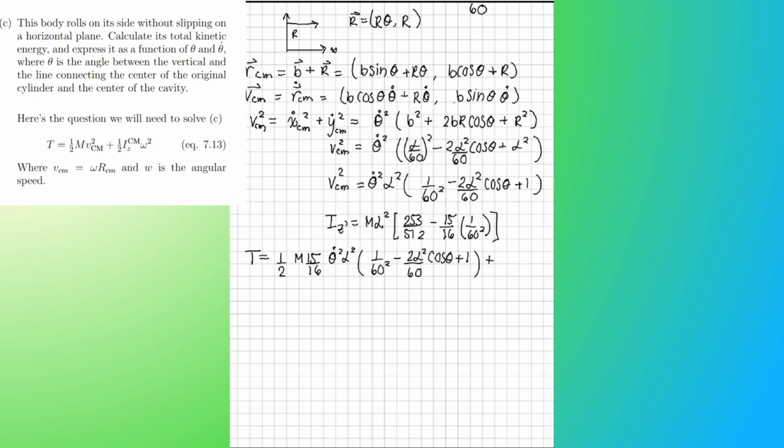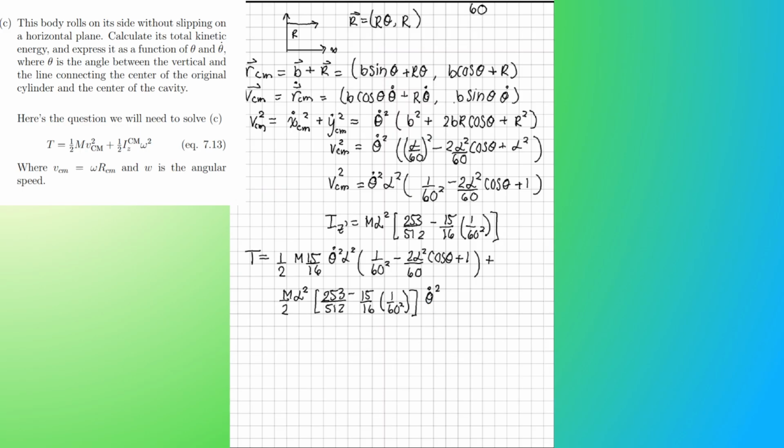Plus half of the moment of inertia around the center of mass, multiplied by the angular velocity squared, which is just theta, the derivative of theta, squared, obviously.